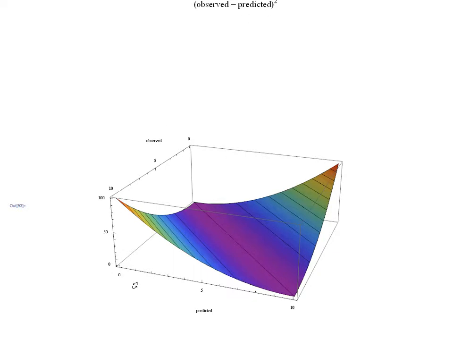And so, for example, if we were to predict that a particular person would have lost all of their games, but they actually won 10 games, the error is 100, considerably higher than if we were to just have mispredicted each game individually. The error would have only been a total of 10.